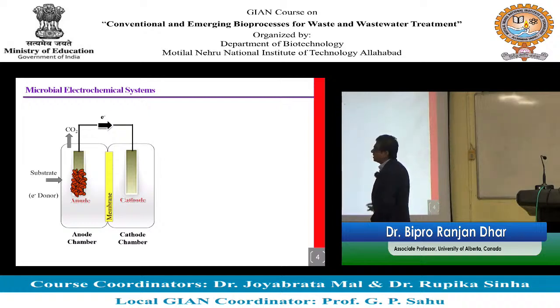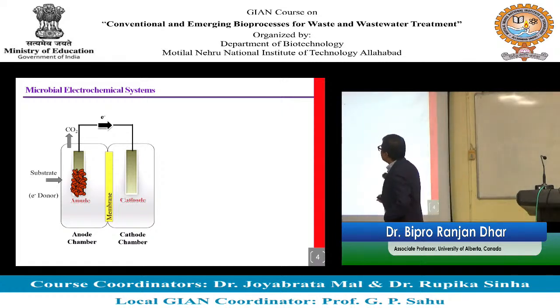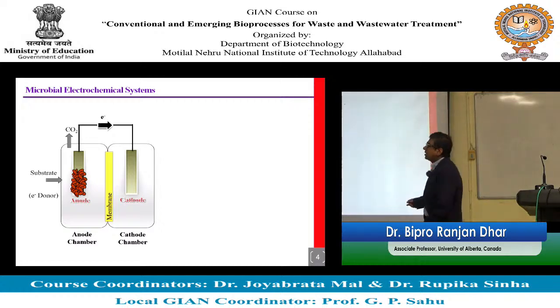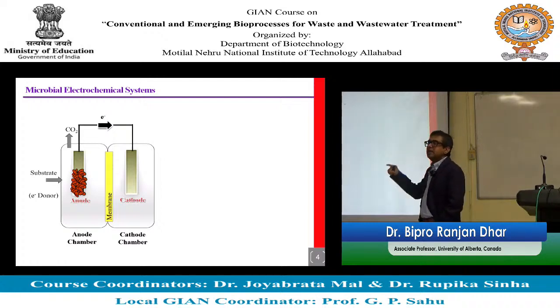Depending on the application, the anode and cathode chambers can be separated by a membrane, and typically those electroactive bacteria form a biofilm on the anode surface. When you provide them with an electron donor, they oxidize it and transfer the electron to the anode surface, and the process also produces carbon dioxide and protons.